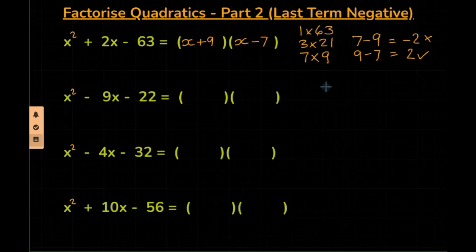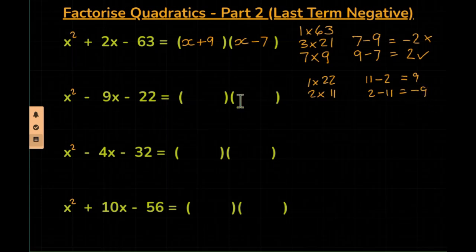The next one then, we want to factorise 22, so let's do that. 1 times 22, or 2 times 11, and there is no other way of getting the 22. I want a difference of 9, so I could either have 11 minus 2 or 2 minus 11. Well, 11 minus 2 is 9, and 2 minus 11 is minus 9.